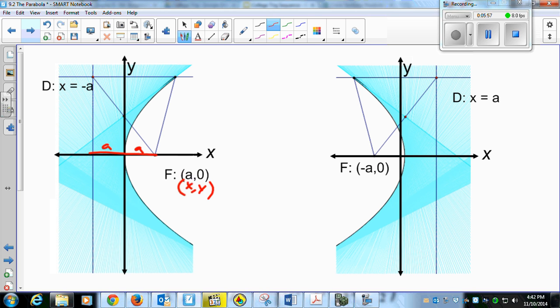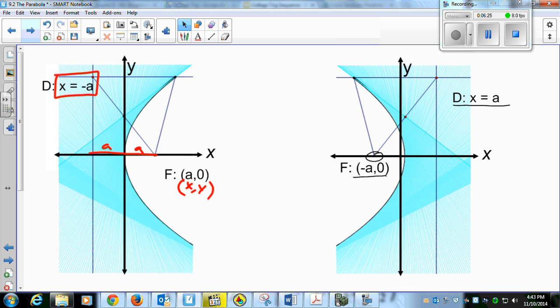If I go a in this direction, my directrix is going to be the vertical line x equals negative a. If I open to the left, my focus needs to still be inside my parabola, so it's at (negative a, 0). My directrix is going to be on the other side of my parabola, will never intersect my parabola, and I get x equals a.